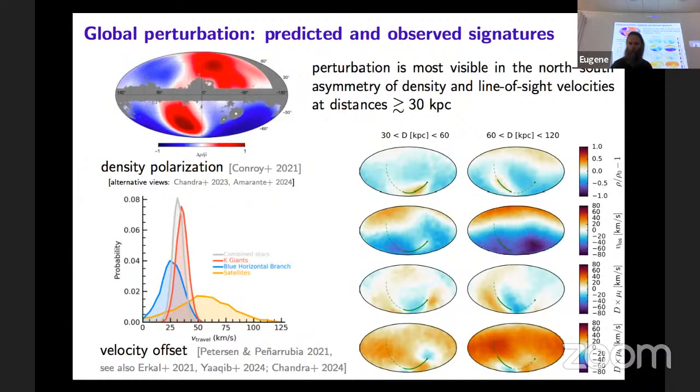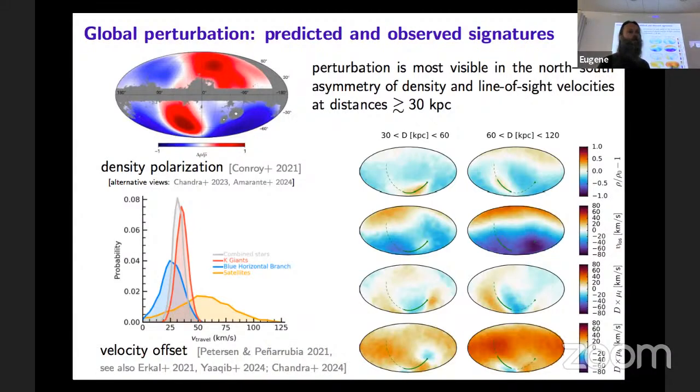So in the velocities, which are somewhat easier to measure, the amplitude of the north-south asymmetry is at the level of between 25 and 50 kilometers per second, depending on the tracers that you're using, whether they're stars in the outer halo of our galaxy, or satellite galaxies, or globular clusters, again in the outer part. They mostly tell the same story.